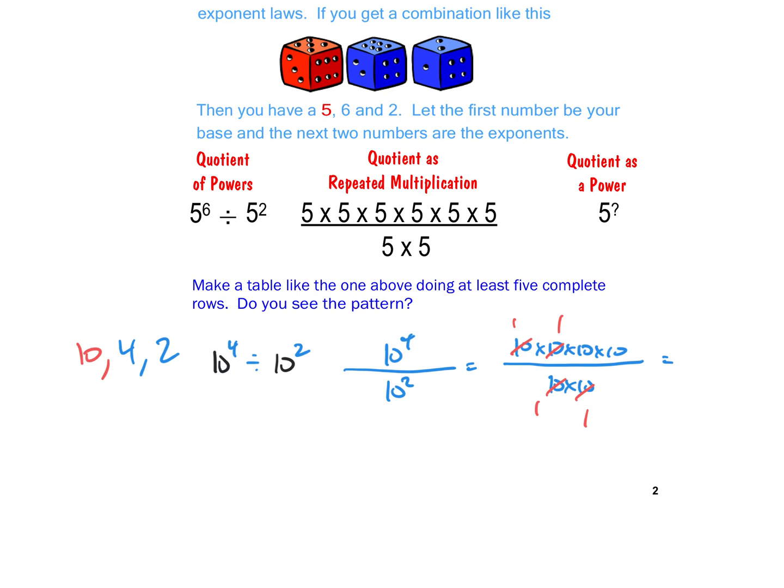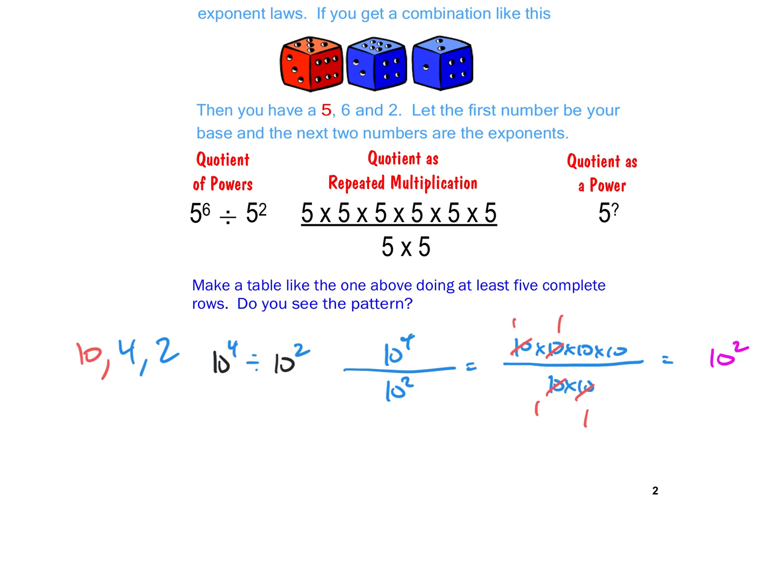We have no 10s left on the bottom. How many 10s do we have left on top? We have 2 10s, right? 2 10s left over. So it's going to be 10 to the exponent 2.